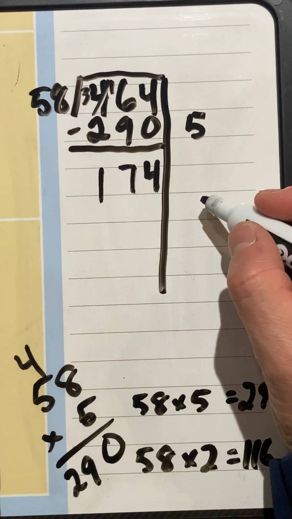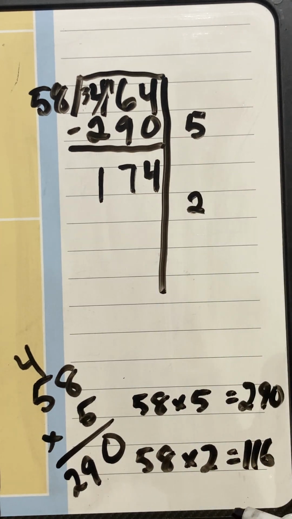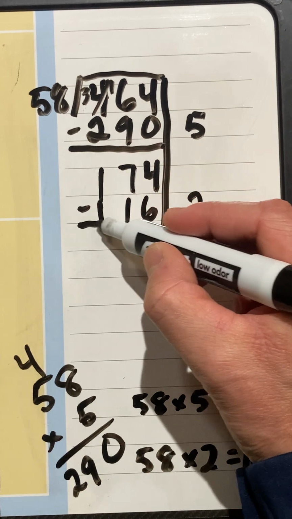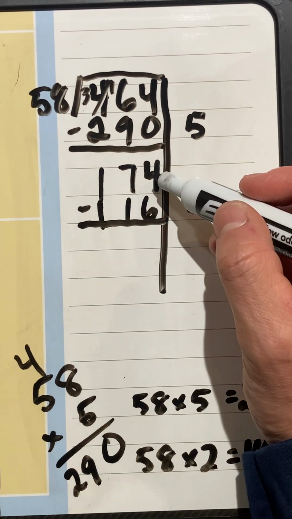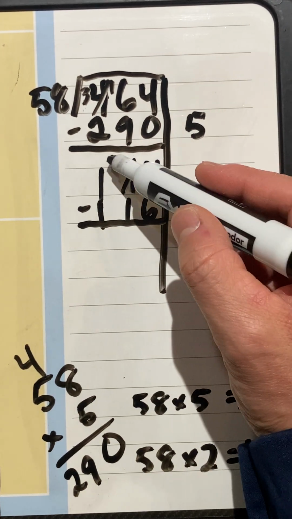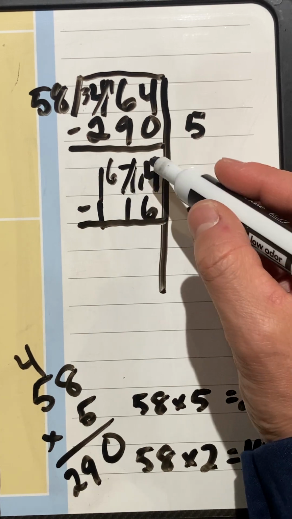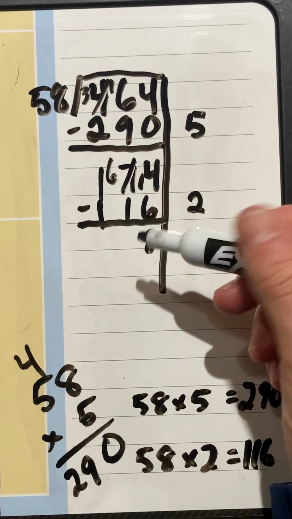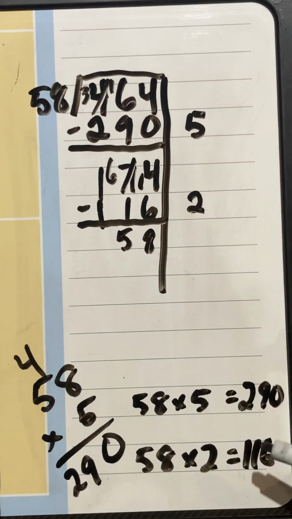So we could use 2 for our next partial quotient. 58 times 2 is 116. So if we subtract that, can't do 4 minus 6, so we'll borrow here. 14 minus 6 is 8. 6 subtract 1 is 5.